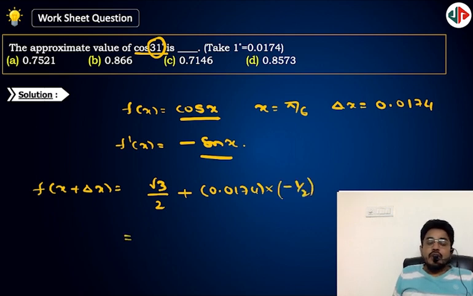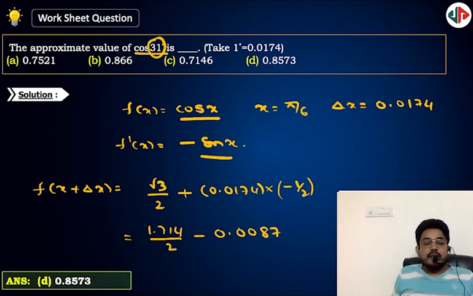It is equal to root 3 by 2 minus 0.0087. On simplification you are going to get 0.8573 roughly. Okay, you need to take one more value, and from there you are going to get the answer.